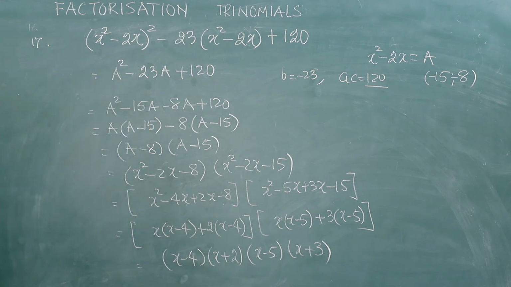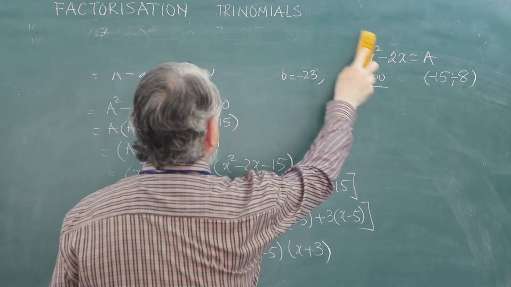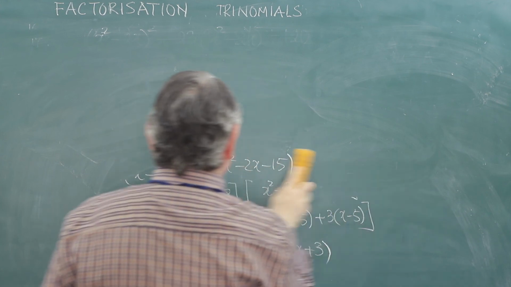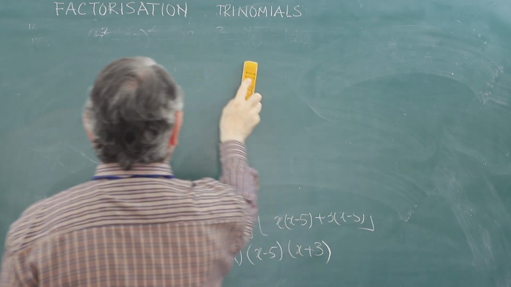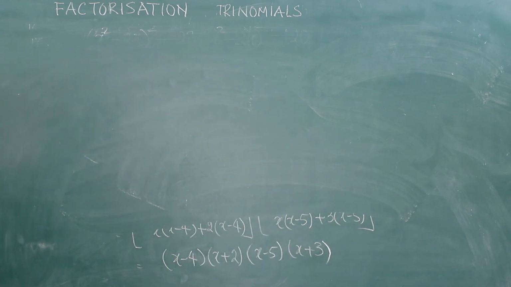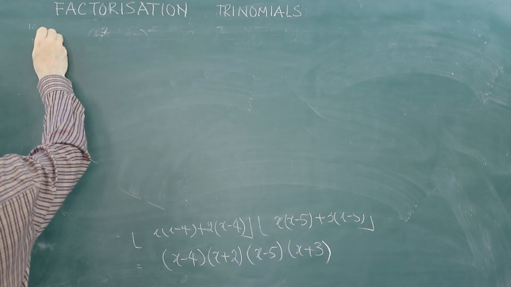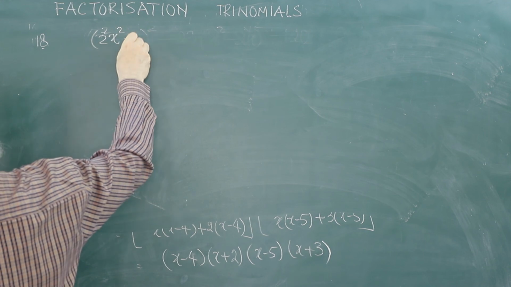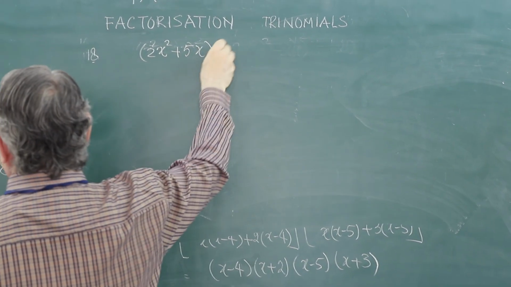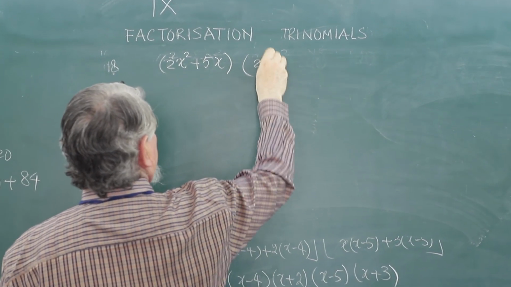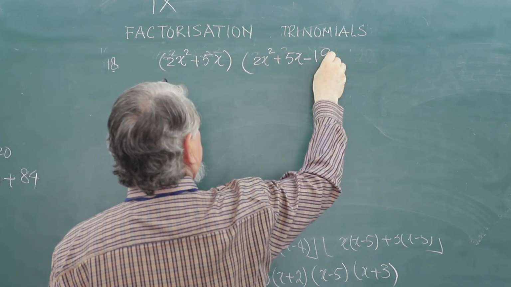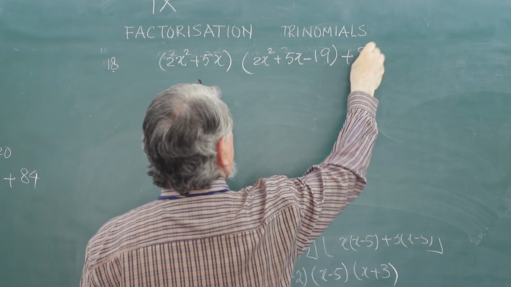Now your last question in this series is question number 18. 2x square plus 5x, 2x square plus 5x minus 19, plus 84.